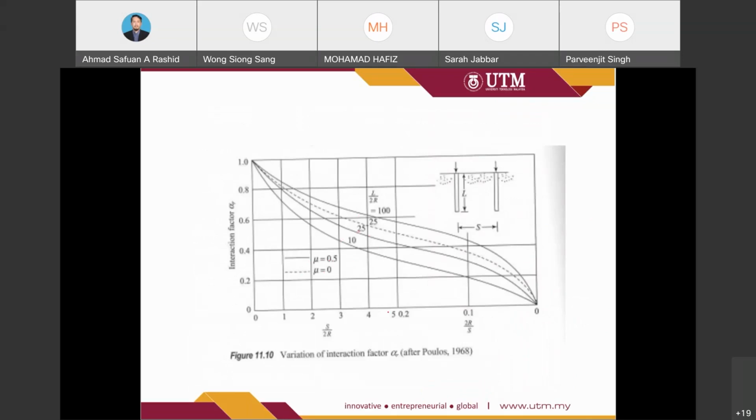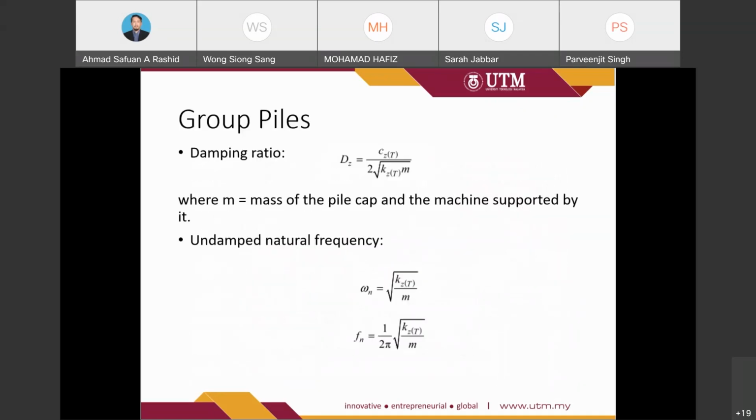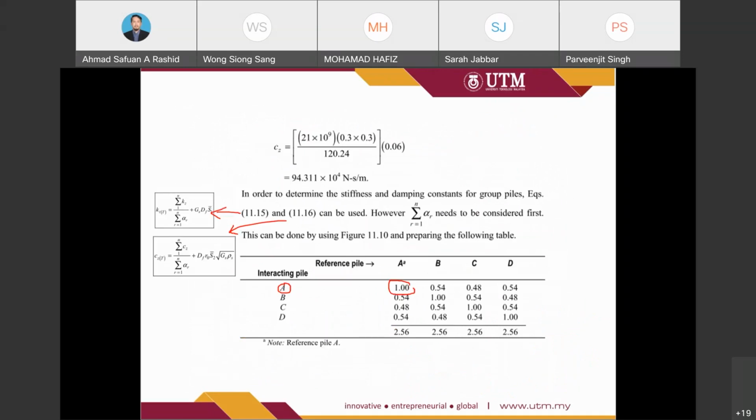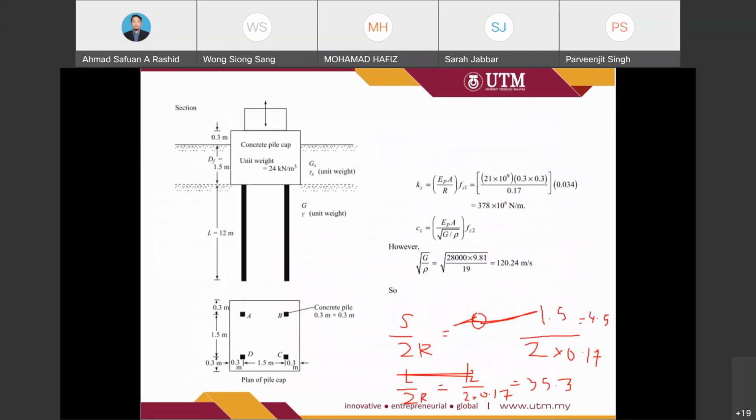In our case the spacing ratio is 4.5 and the L over R is about 35. So we just guess the value of the alpha R is around 0.5 something, in this case 0.45.